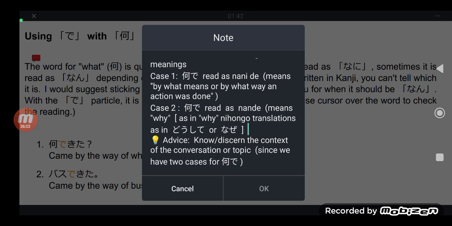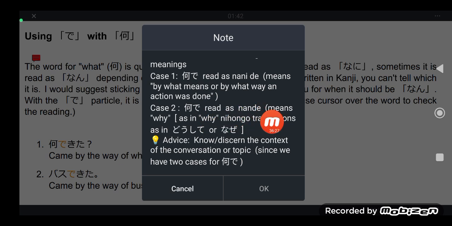So case 1. This is nani de, when this is read as nani de. Nani de means by what means or by what way an action was done. Case 2 is when it is a part of an interrogative sentence.